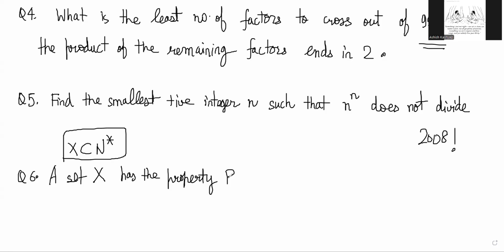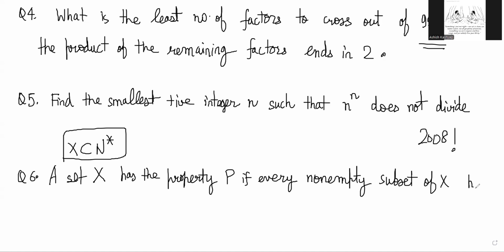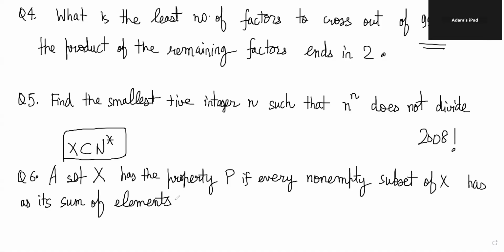X has the property P if every non-empty subset of X has as its sum of elements a composite number.